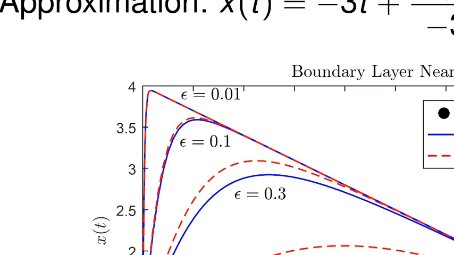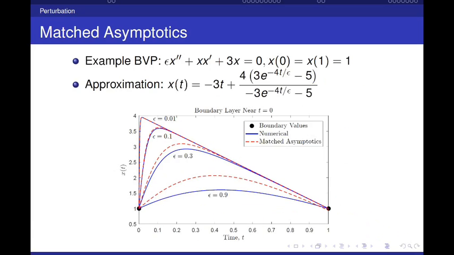So this thin thing right here is what we would call the boundary layer, where the behavior is different than in the large, away from the wall, where things operate pretty smoothly. It's a nice line, but then near the boundary, it's like, phew. And that happens because, in this case, the epsilon is on the highest order derivative.